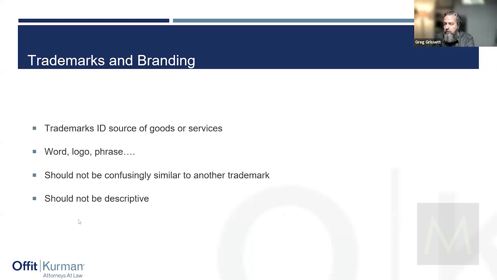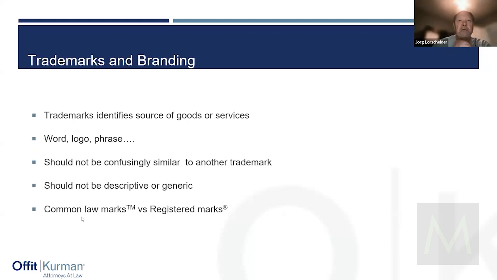Can you have the same trademark within two different industries? You can, and from a registration standpoint, we associate a trademark with a particular class of goods or services. So it's possible to say I have a trademark for food and then a separate one for business consulting.